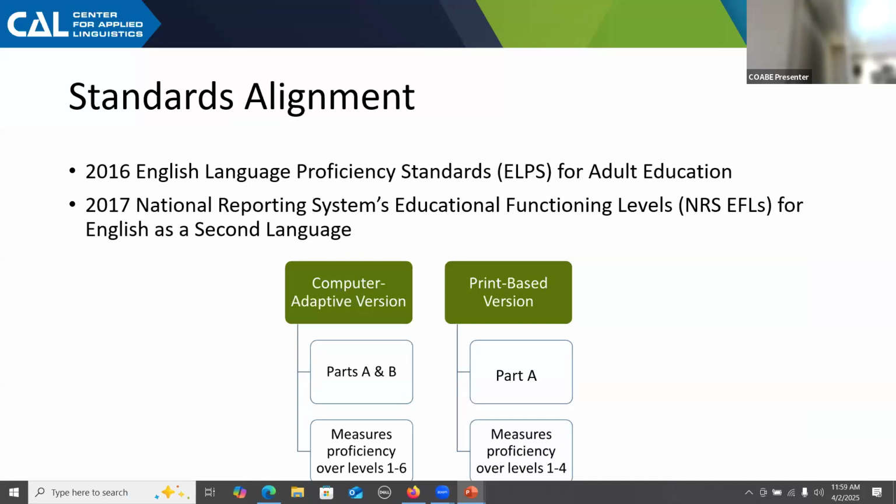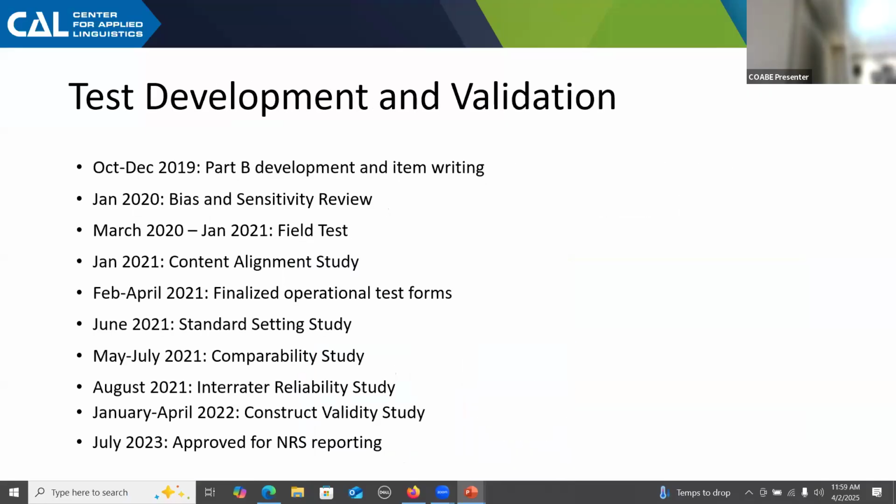Standards alignment. So I think we touched upon that. The computer adaptive version, parts A and B together measure proficiency levels 1 through 6. So across the board. And the print-based version only contains part A, only measures proficiency levels 1 through 4. Test development and validation. I'm not going to bore you too much with the whole history that went into it, but take my word for it.